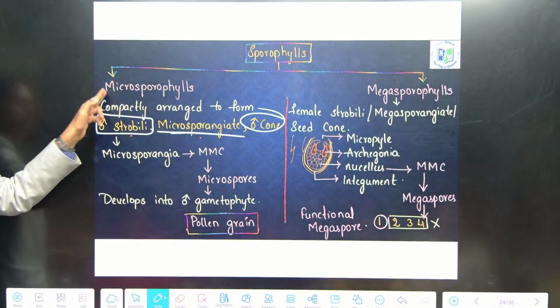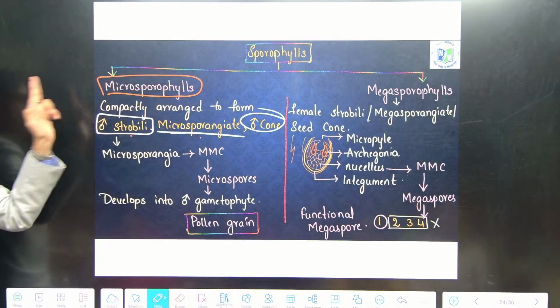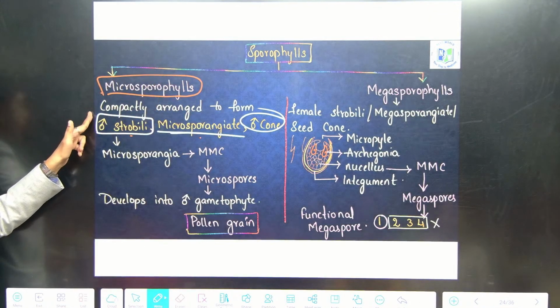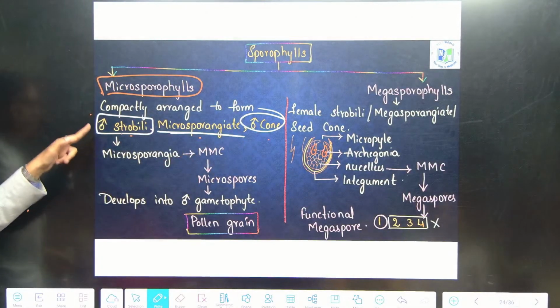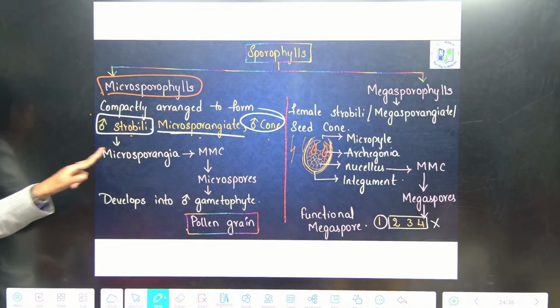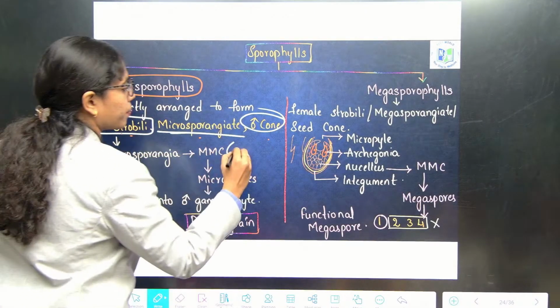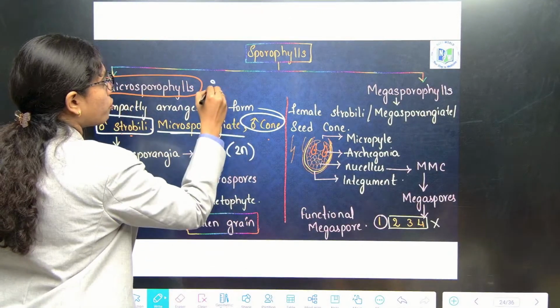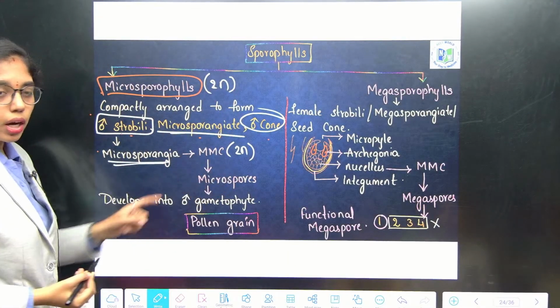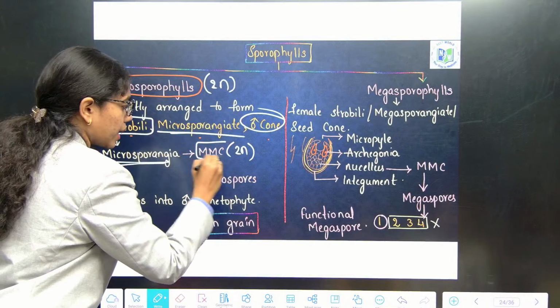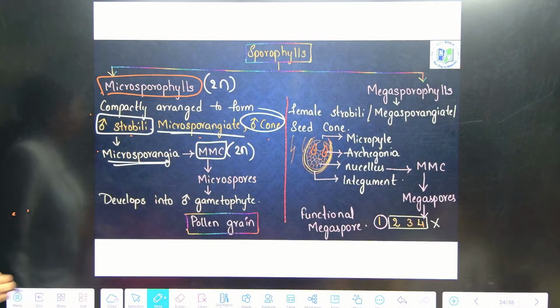They are present inside microsporophylls. Microsporophylls are compactly arranged into male strobili, microsporangiate, male cone. In the microsporangiate, all the cells present are diploid, so microsporangia are diploid. Amongst that, I take one cell, the microspore mother cell. It undergoes what?